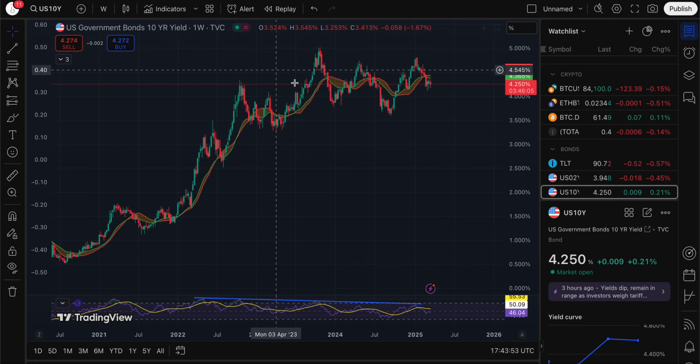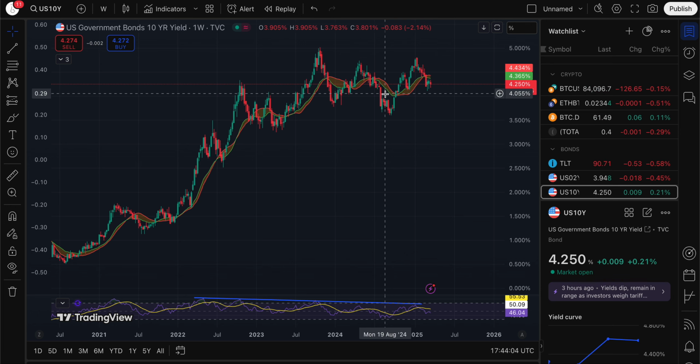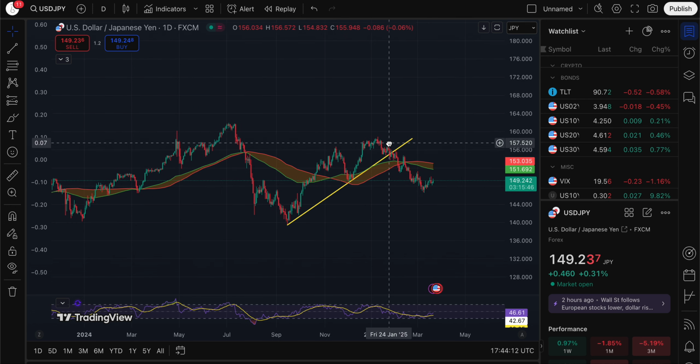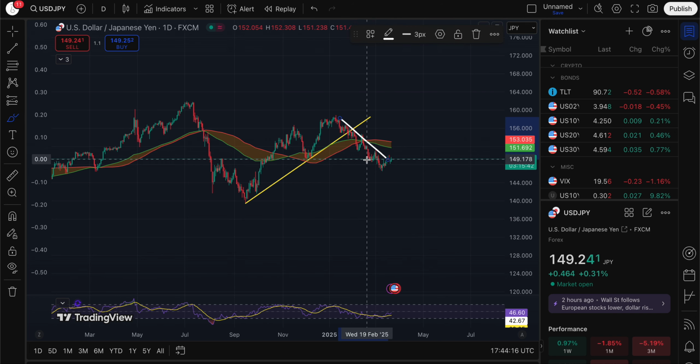At the same time, after we reached the top in 2025, we've had yields come down in the US and Japanese yields move up in Japan. And sure enough, right around here in January, that is when you started to see significant yen strength.